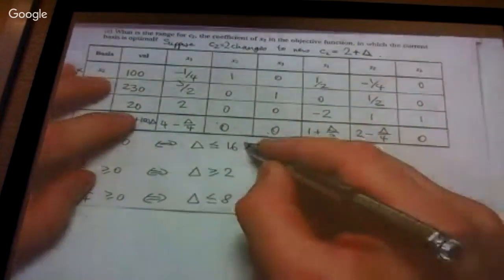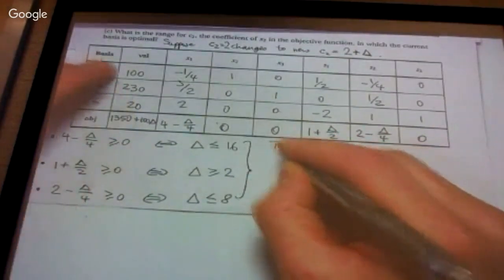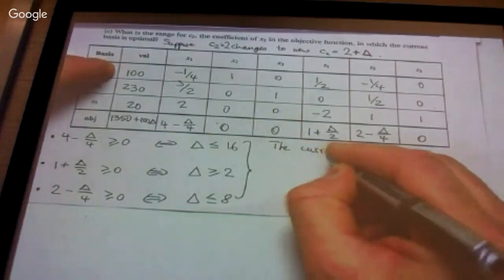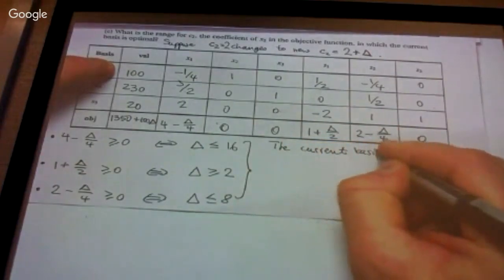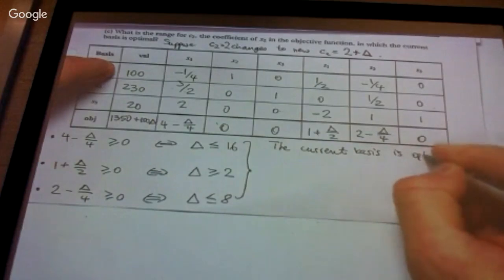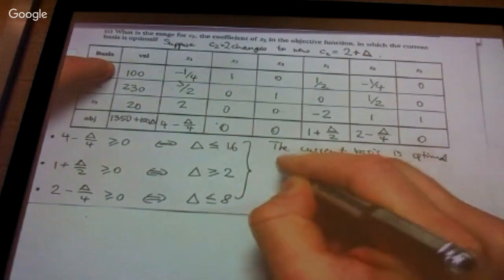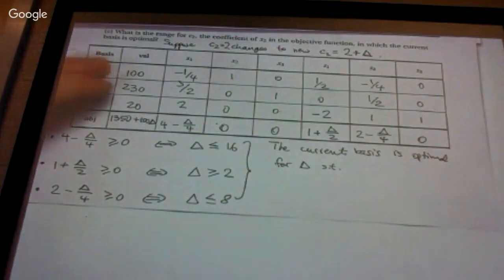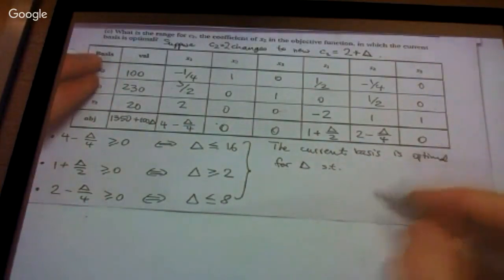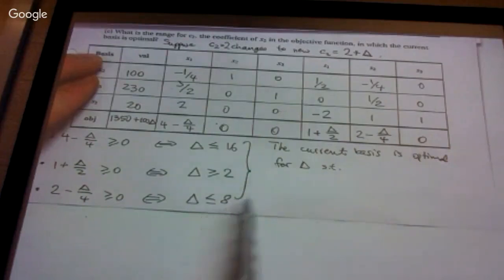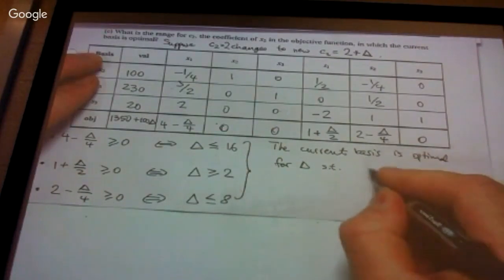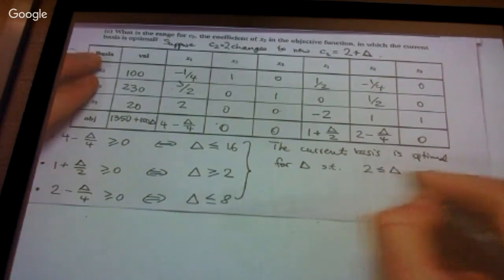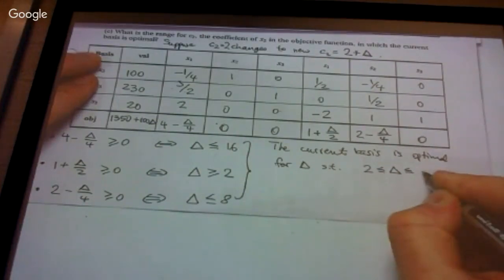Now, all these inequalities have to be satisfied, right? So this means that the current basis is optimal when delta satisfies all these inequalities. So in particular, it has to be less than or equal to 8 and greater than or equal to 2.